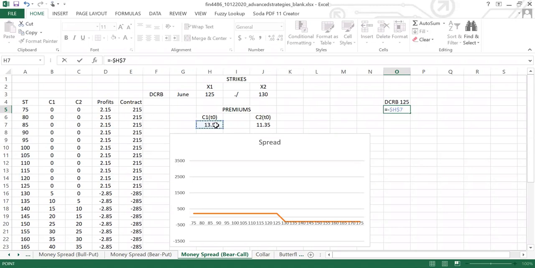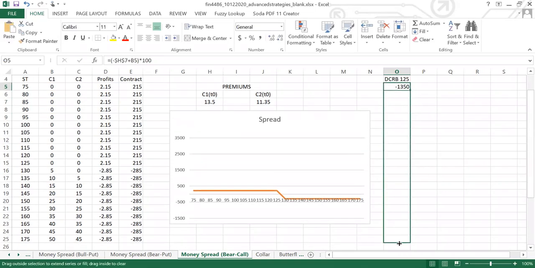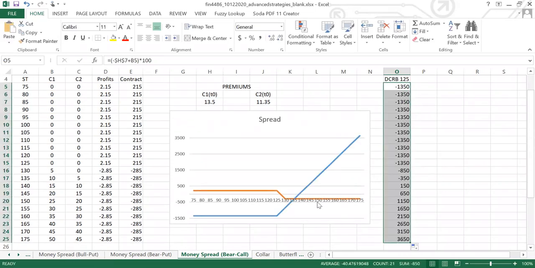You lock this because you paid the premium, you bought C1, the call option once, so you're entitled to the intrinsic value, or in other words, if it's in the money, you will exercise it and get that payoff. Then you just put this in parentheses, multiply this by 100, and there we go. We scroll this down, and this will show up here.